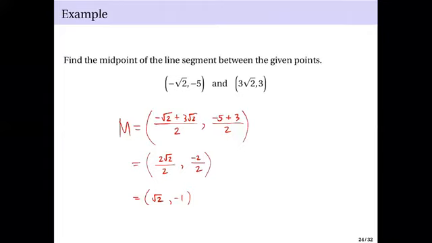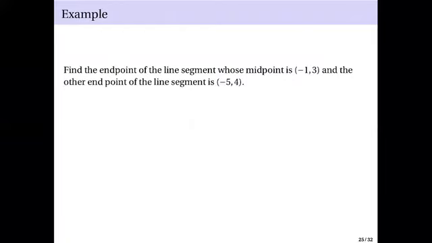Now, let us do some more not so easy problem. Find the endpoint of the line segment whose midpoint is negative 1, 3, and the other endpoint of the line segment is negative 5, 4.